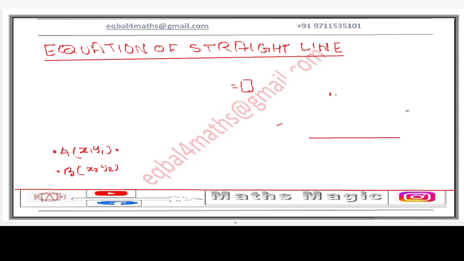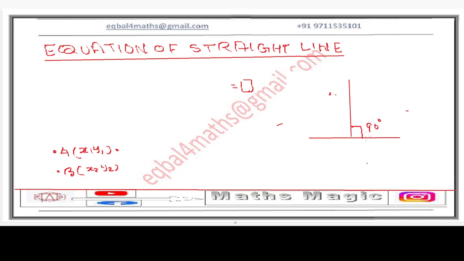Now if we have another line which makes 90 degrees to this line, then we call it a perpendicular line. So the perpendicular line is this, when it makes 90 degrees to this, right?